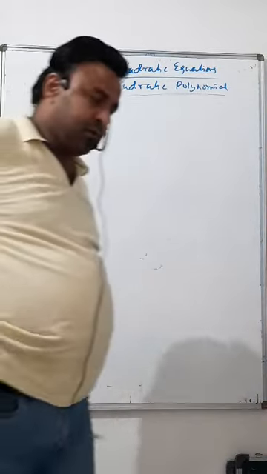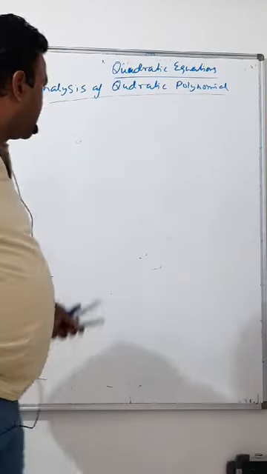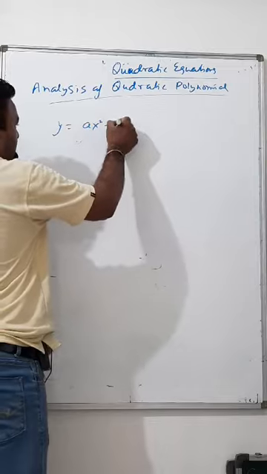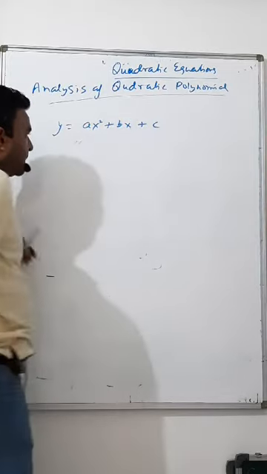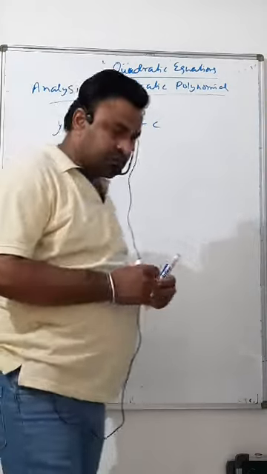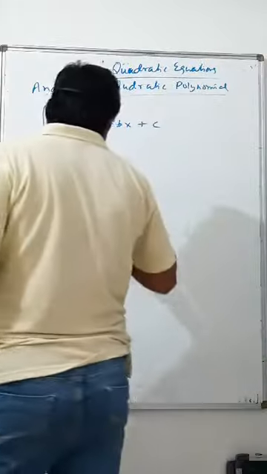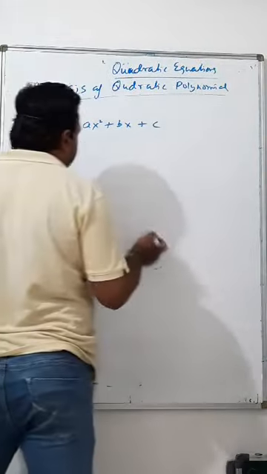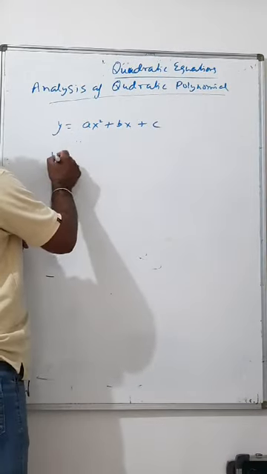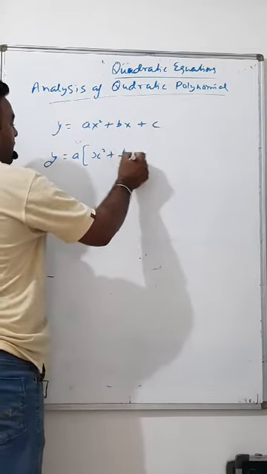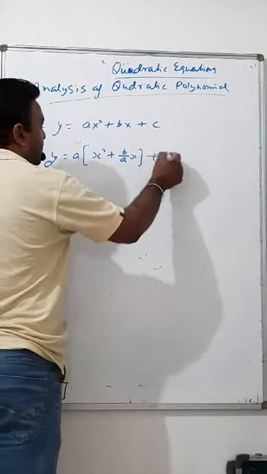The way we are going to analyze it, we write y is equal to ax square plus bx plus c. Now, I want kind of a generic relation in f and x, y and x. I take a common, and what I'm doing you can see very easily.